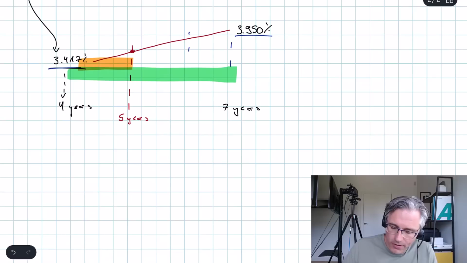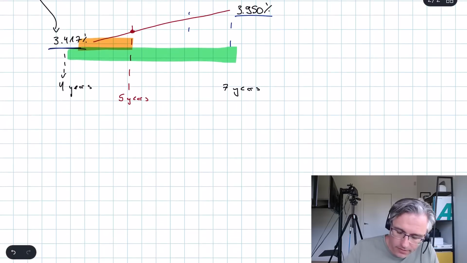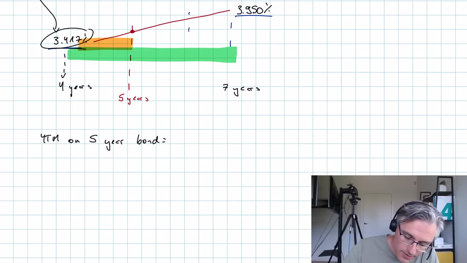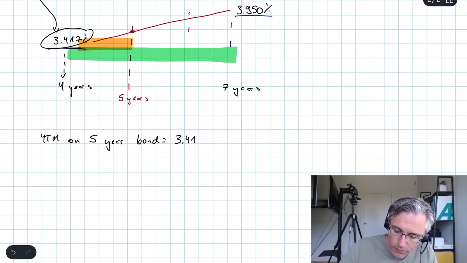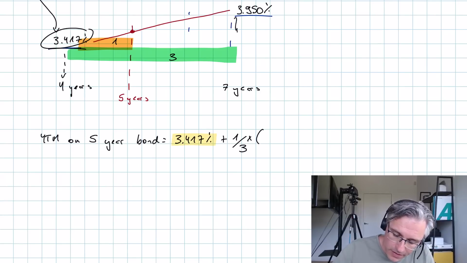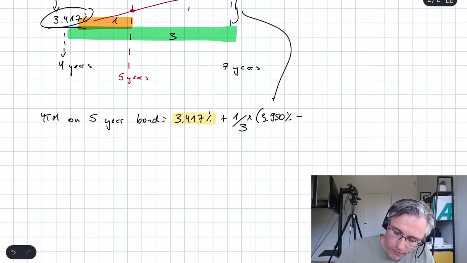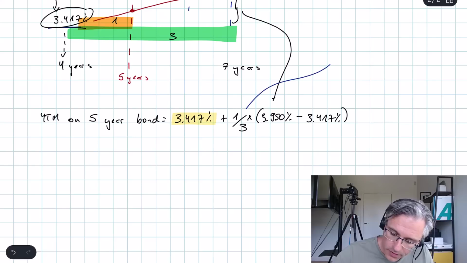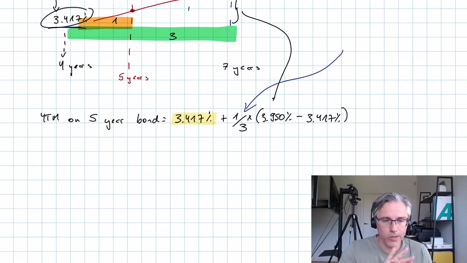So, I like to draw this graphically, but the YTM, the yield to maturity on the 5-year bond, is simply going to equal this base, 3.417%, that's the yield on the 4-year instrument, plus 1/3, 1 year out of 3, of this difference, the difference between 3.950 and 3.417%.